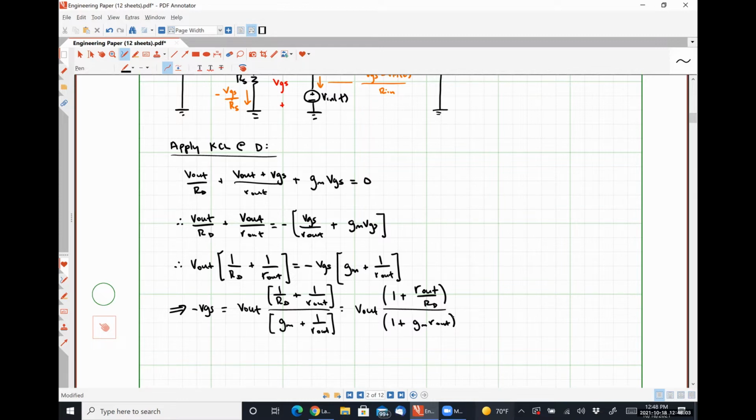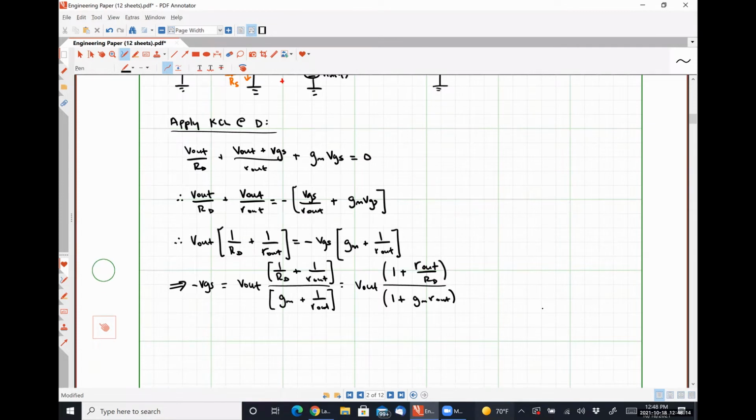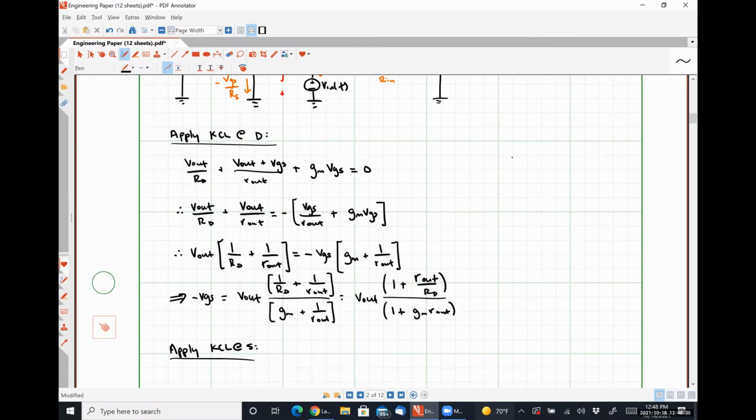So I've established I don't want to call it simple relationship between V out and VGS, but a relationship that we're going to wind up doing a whole heck of a lot of substitution with. So now applying KCL at our source node, with the current through RS, RN, R out and our dependent current source all contributing.